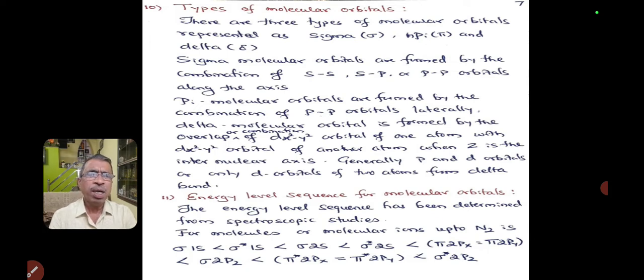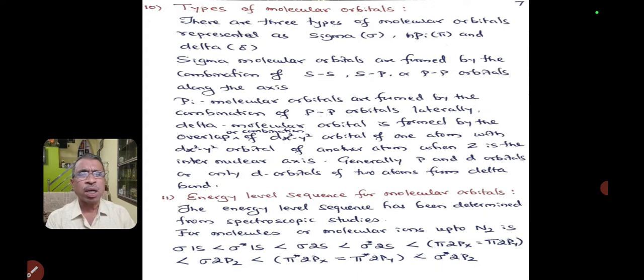Here, among the three p orbitals, px, py, and pz, we take into consideration, as per the new notations, that the 2pz orbital overlaps with another 2pz orbital axially, resulting in sigma molecular orbitals.